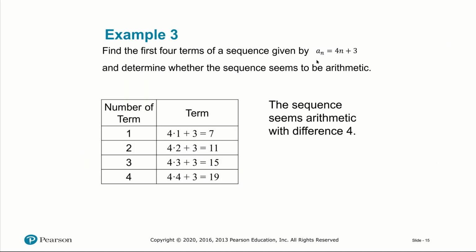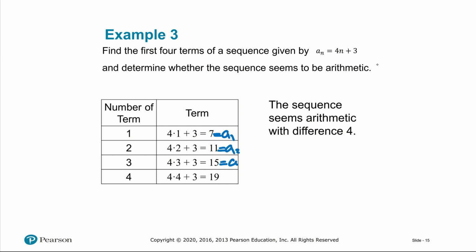Sometimes they give us the nth term of a sequence and they want us to go ahead and find some values of the terms based on that definition. So here they tell us that the sequence is given using this formula. So for the first term, a1 is going to be 4 times 1 plus 3, right? For the second term, remember, we often refer to this one as a1. This becomes a2.